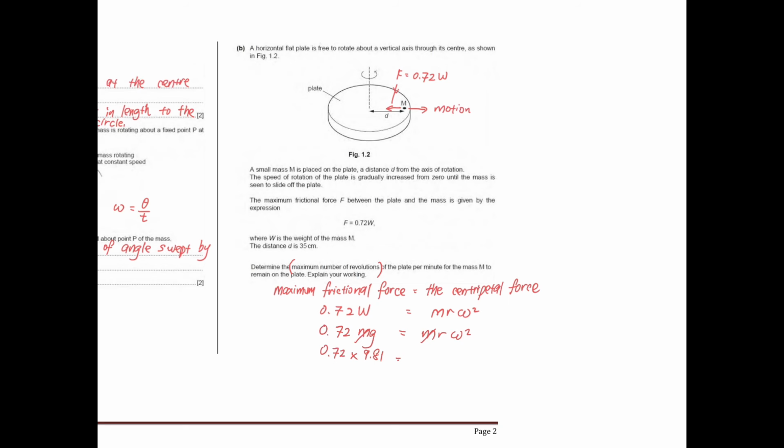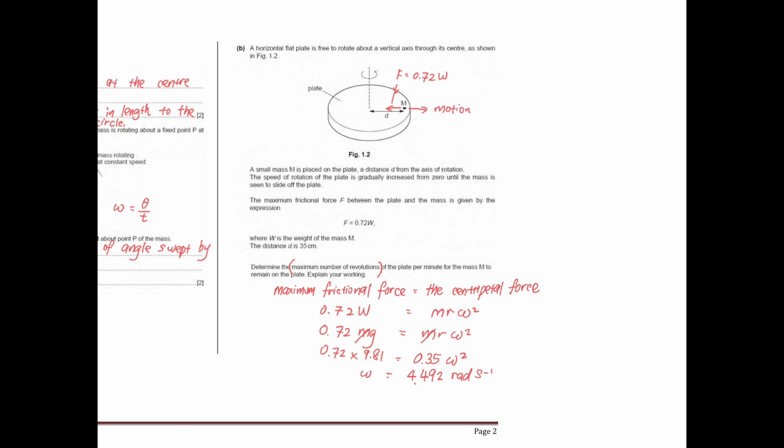The r, the radius, is d, and d is given as 35 cm, which is 0.35 meter. Omega square is unknown, so we have to find out omega. We just work out these equations. So we get omega 4.492 radian per second.